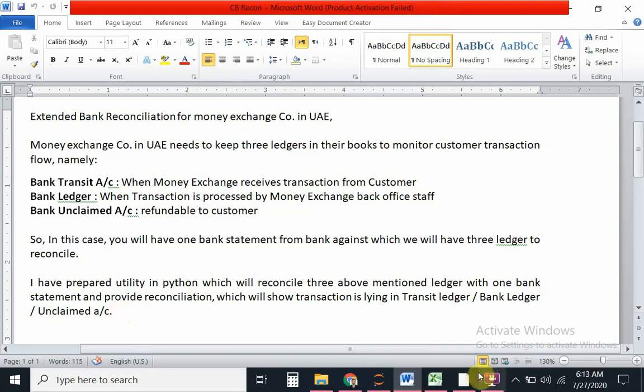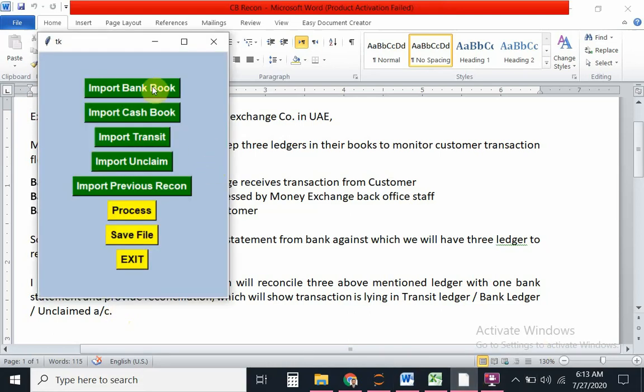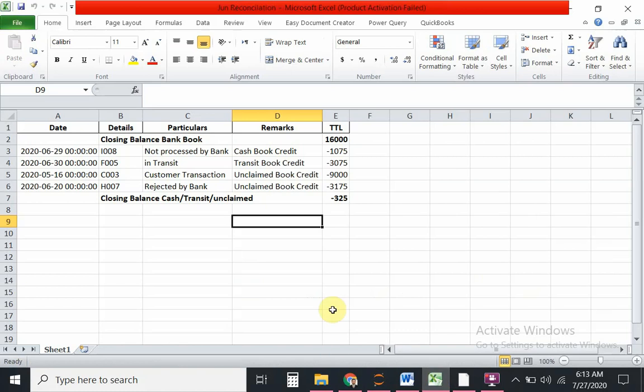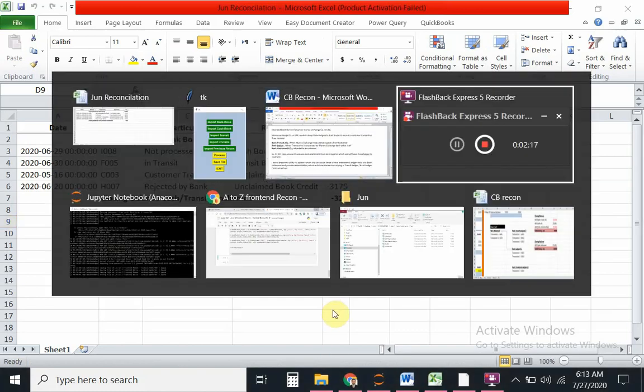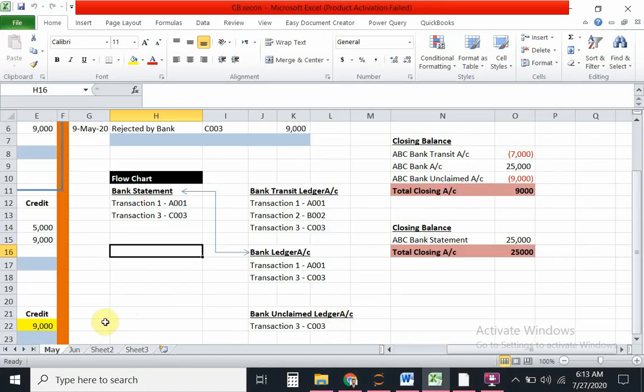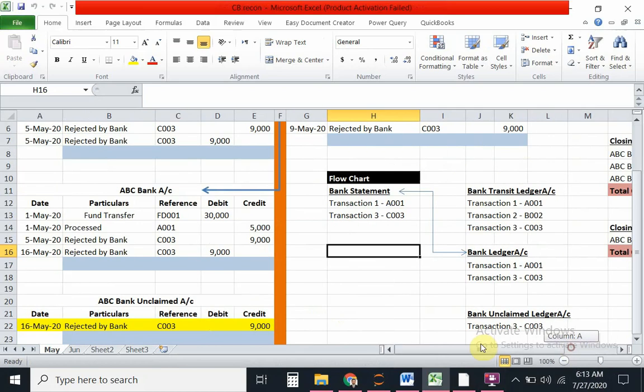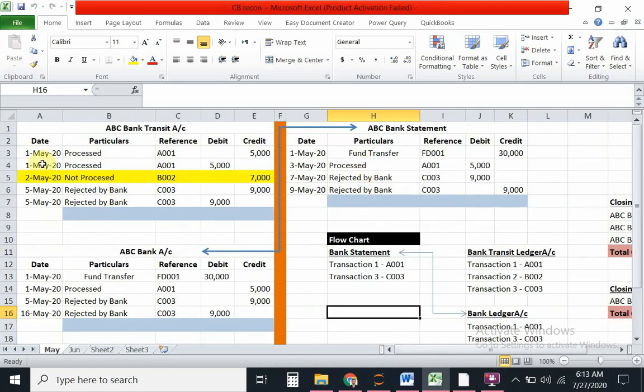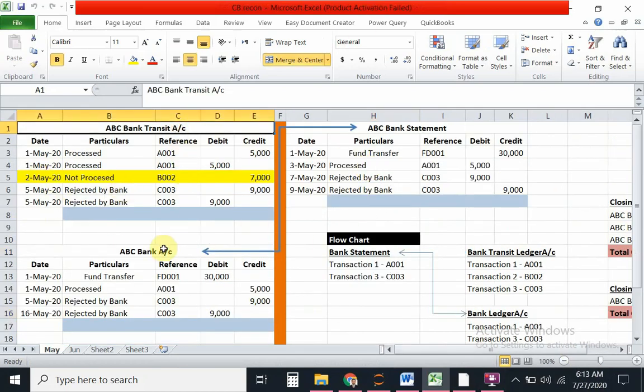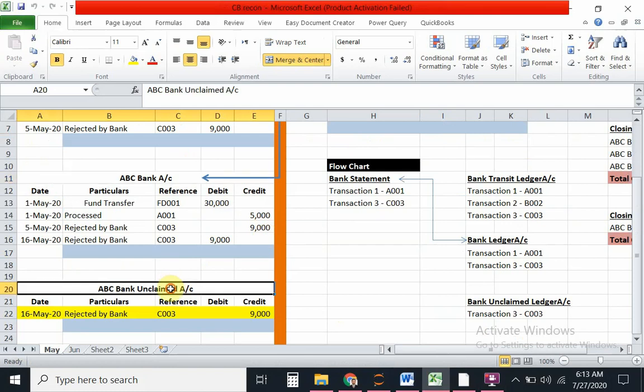I have created a utility where I don't have to have three reconciliations. I will have only one reconciliation. Now in this case, we'll start with May, where I have three accounts: transit account, bank account, and the unclaimed fund account.